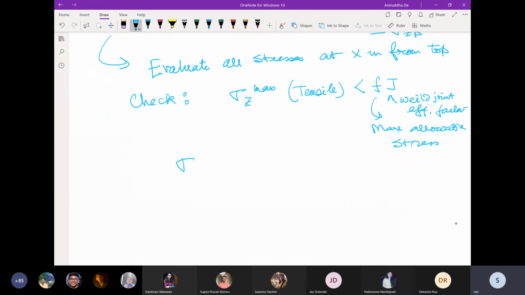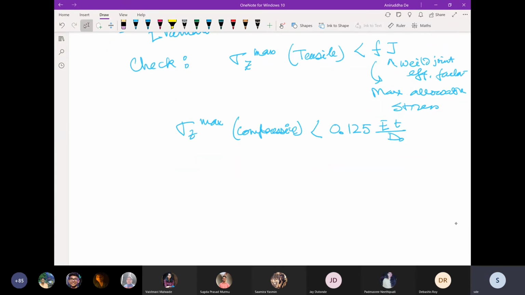And sigma Z max, that is the compressive one, should be less than 0.125 ET by D naught. E is the Young's modulus of the material.